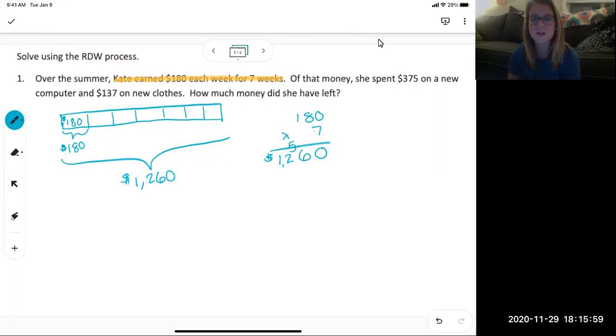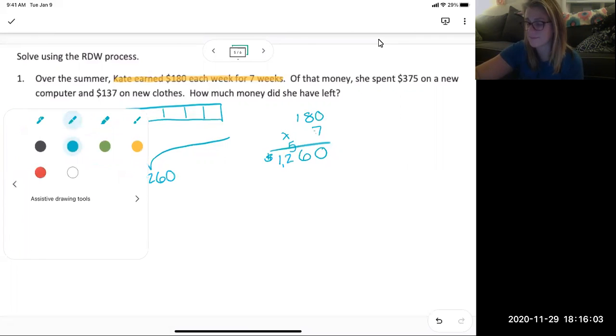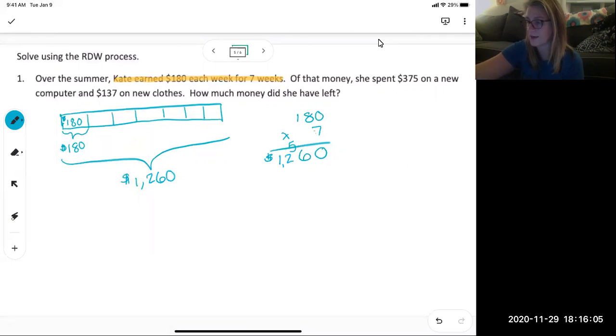Oh my gosh. Okay. So then it says, let's do some more highlighting. Of that money, she spent $375 on a new computer and $137 on new clothes.